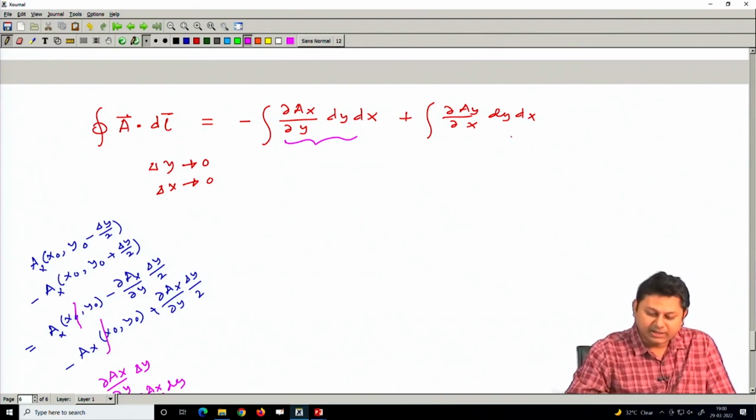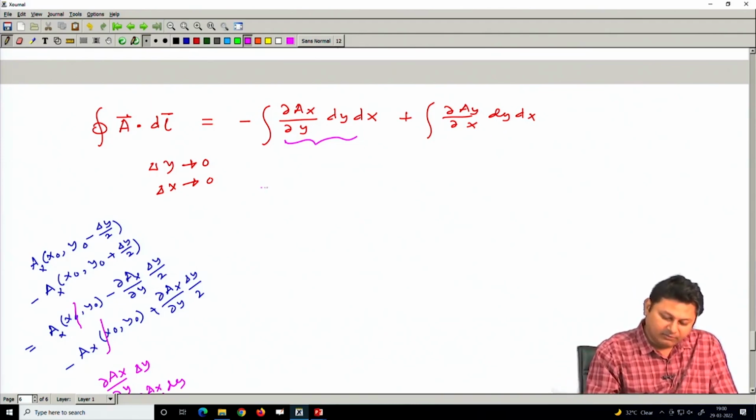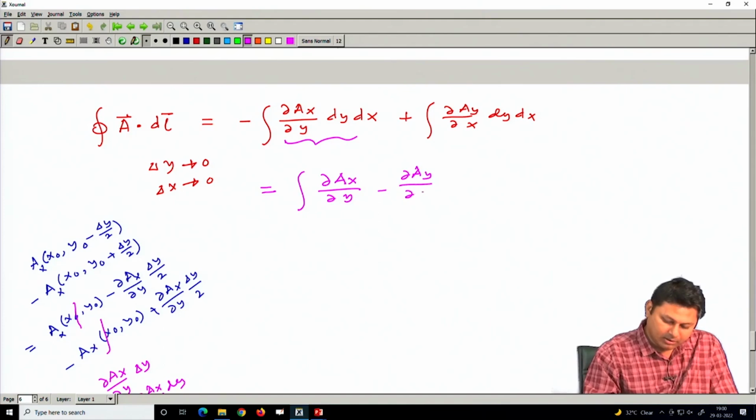In a similar way you can get the other term. Now, if I combine these two, I can write it as del A y by del x minus del A x by del y, times dx dy. Mind this, dx dy is nothing but ds.